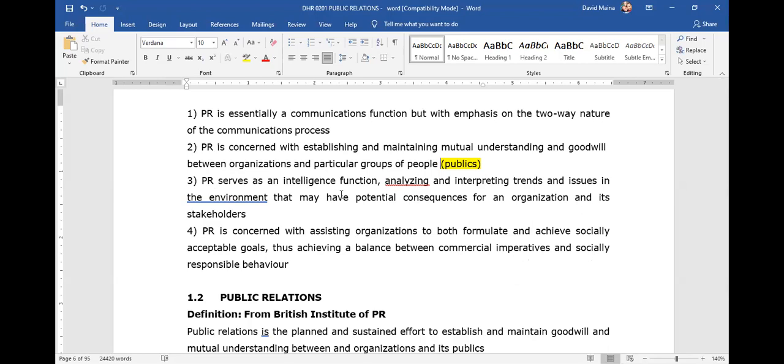So in other words, the PR practitioner is the eyes and the ears of the organization. You see on behalf of the organization. Once you see on behalf of the organization, you tell them that this is what the public is saying about you. Then after that, you counsel the organization. You tell them now, the publics are saying this about maybe Jomo Kenyatta University.